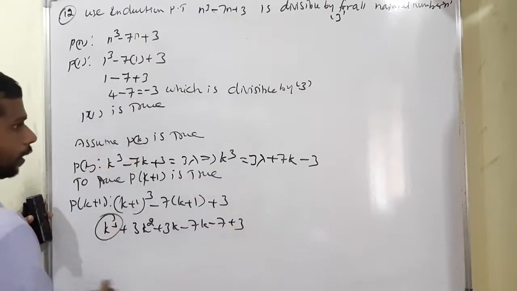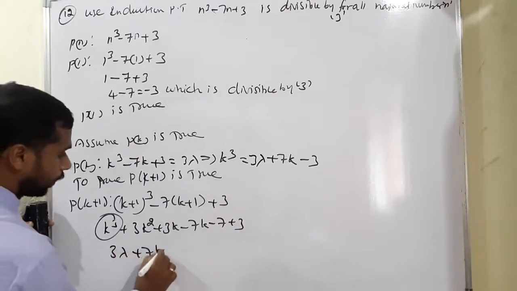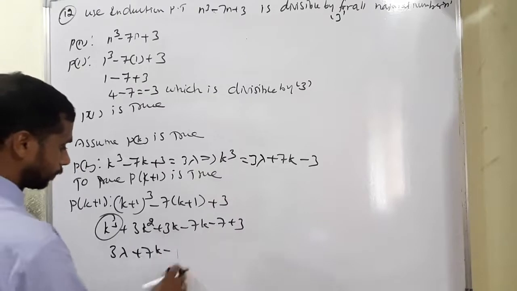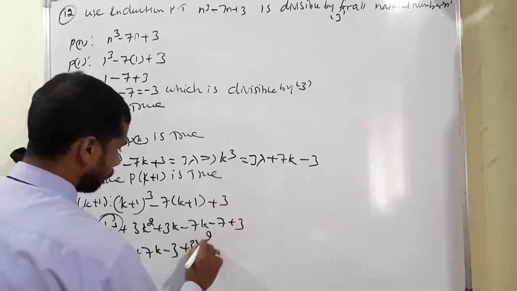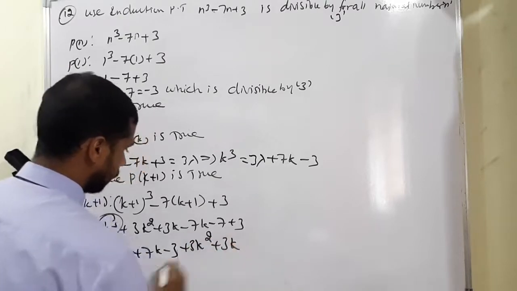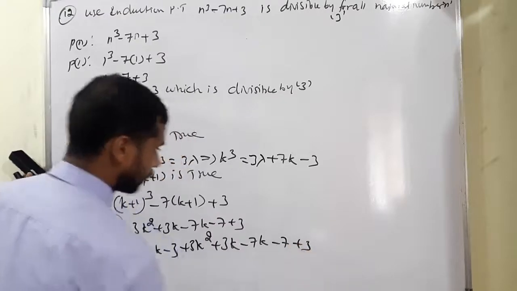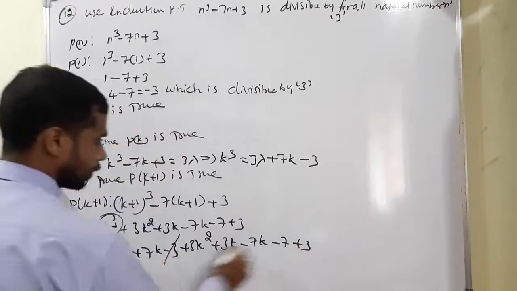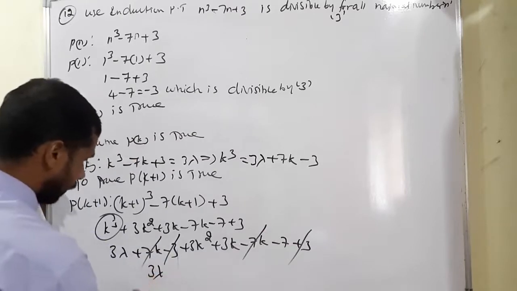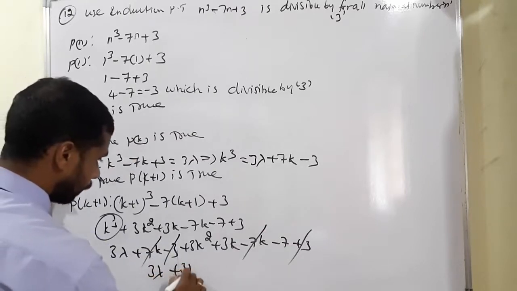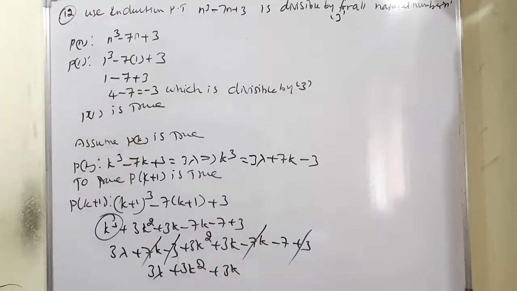Instead of k cube we can write 3 lambda plus 7k minus 3. Then remaining plus 3k square plus 3k minus 7k minus 7 plus 3. Now minus 3 plus 3 cancel, minus 7k plus 7k cancel, then 3 lambda plus 3k square plus 3k remaining.